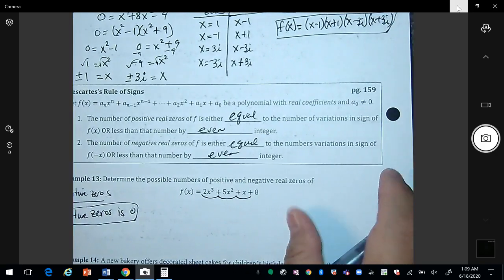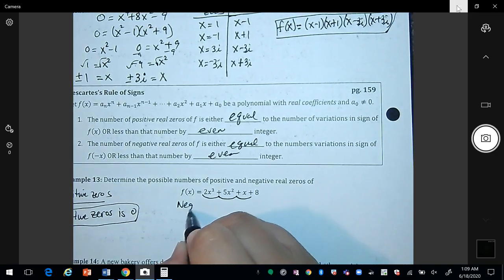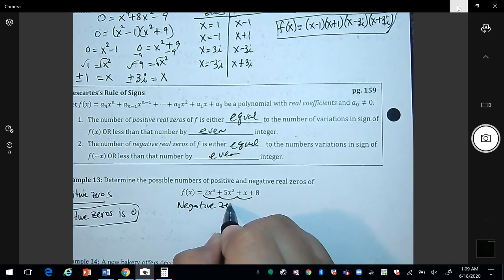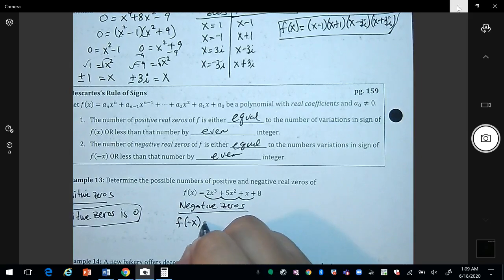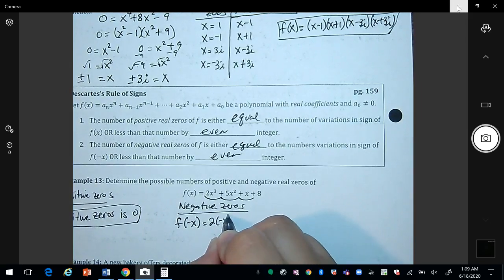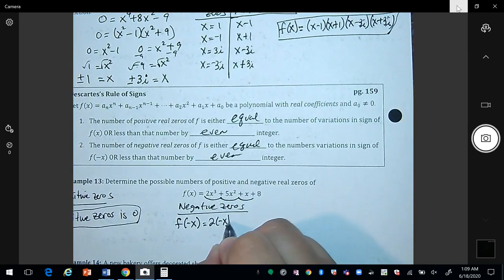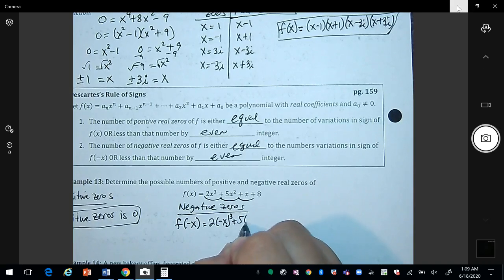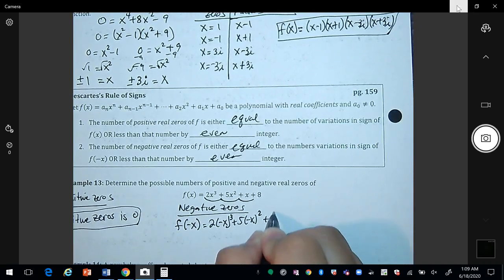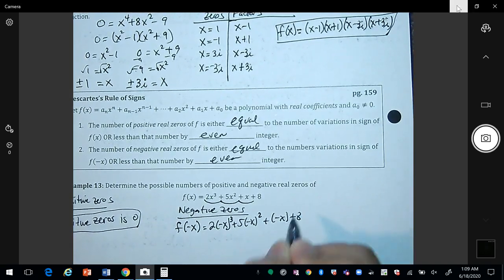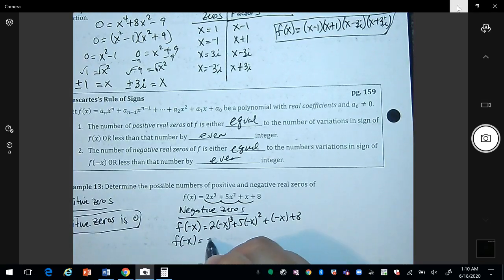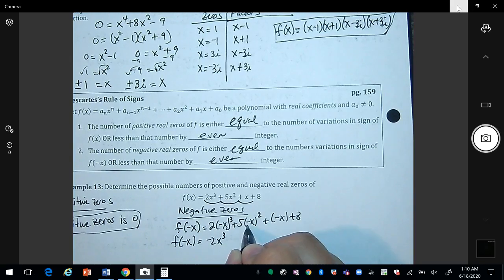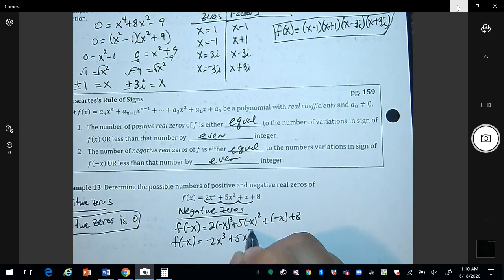Now for the negative zeros, you want to replace x with a negative x. So here we get negative x cubed would be negative. Negative x squared would be positive.